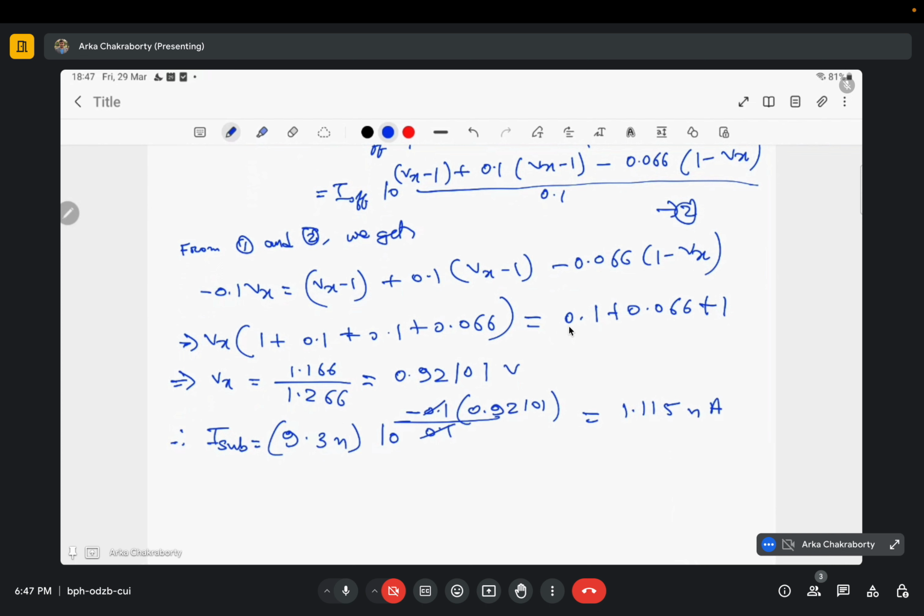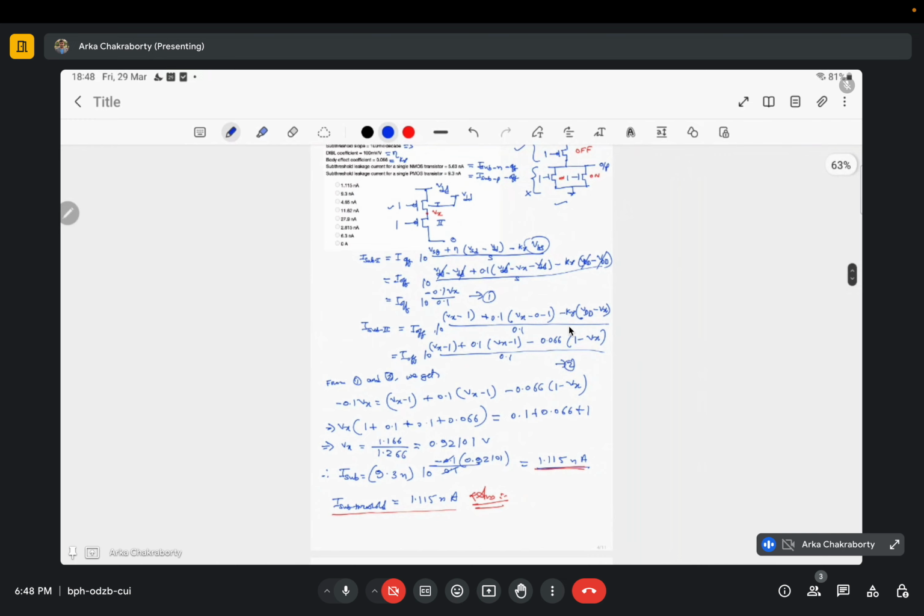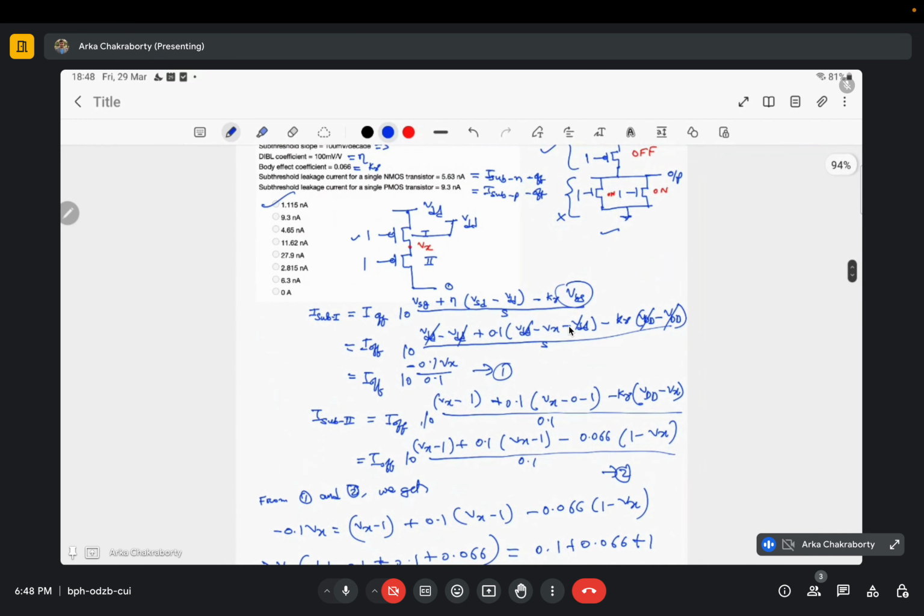Okay, this is the answer. Clear? So the answer is 1.115 nanoampere.